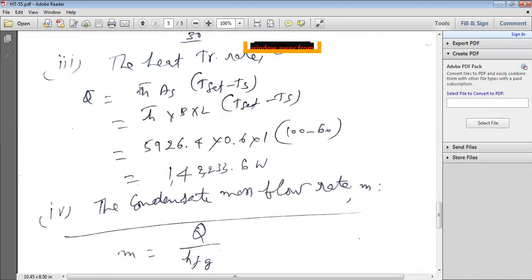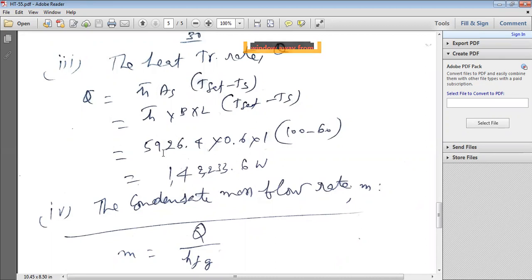That's why while calculating heat transfer rate, you can use h bar directly: h bar into B into L into T saturation minus T_s, since the h bar is already 1.2 times of Nusselt's.